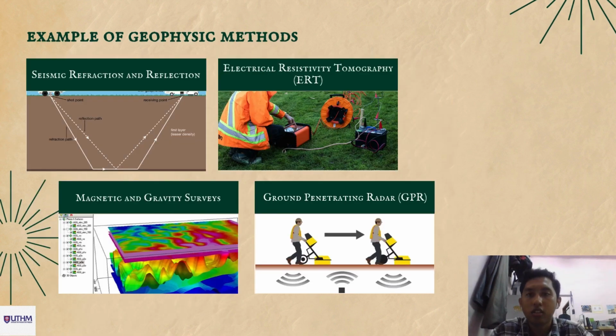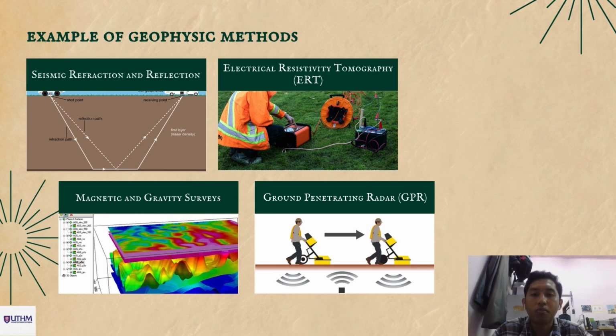So these are examples of geophysical methods or geophysical techniques. The first one is seismic refraction and reflection, which measures the velocity of seismic waves through different layers to determine subsurface layering and rock types. Number two is electrical resistivity tomography (ERT), which measures the electrical resistance of the ground to map underground features.